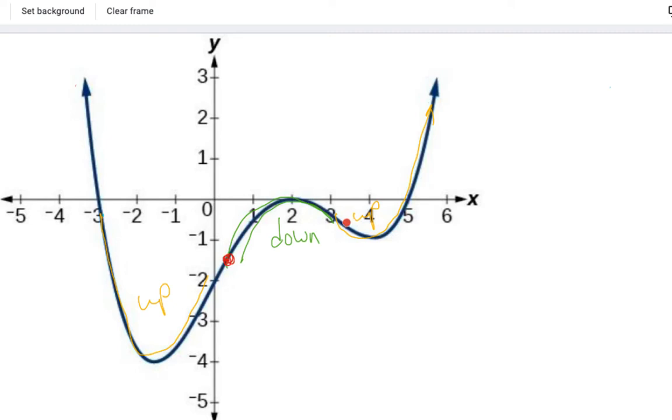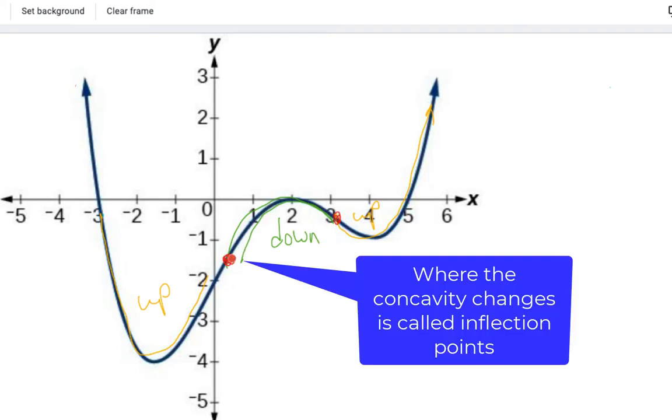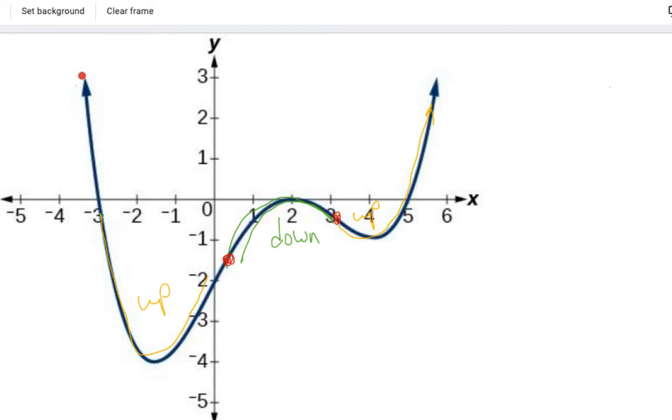These points, where it changes from up to down or down to up, are called inflection points. So this is concave up from negative infinity to about 1/3, down from 1/3 to say 3.2, then concave up again from 3.2 up to positive infinity.